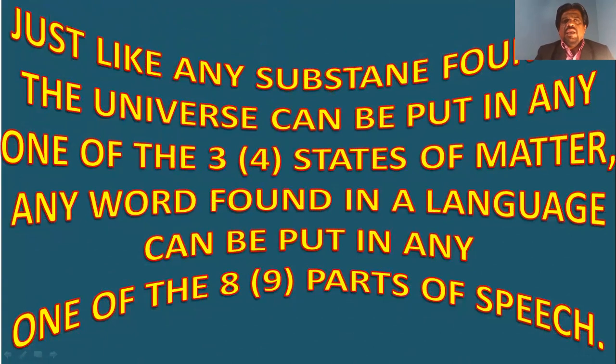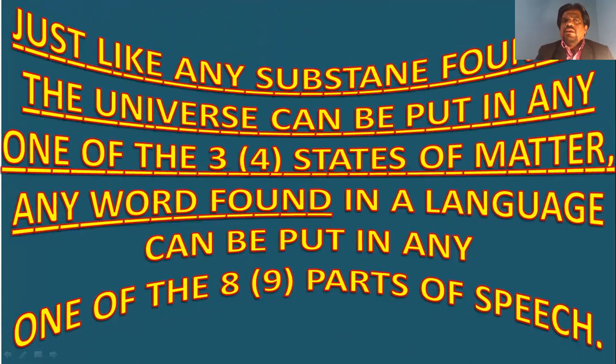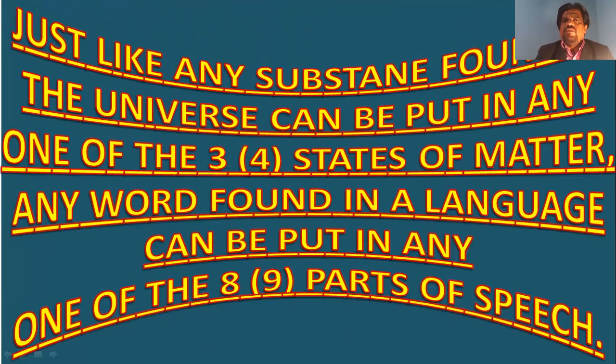Just like any substance found in the universe can be put in any one of the 3 or 4 states of matter, any word found in a language can be put in any one of the 8 or 9 parts of speech. The 3 states, as I said, are solid, liquid, gas, and the 4th one is plasma.